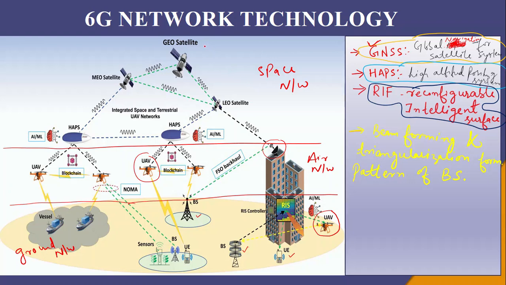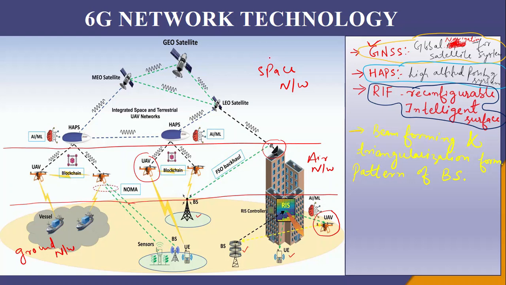And if you have not watched my previous video on the satellites, then please go through that particular video. I will put the link of that video in the description. So all these three satellites are interconnected in a triangular pattern and connected with the 6G network.